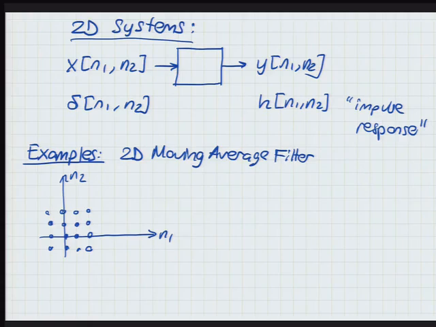So what we do when we're averaging is, let's say that I am at point 2 and 2. I'm going to replace the pixel value at that point with an average over all of its neighbors.